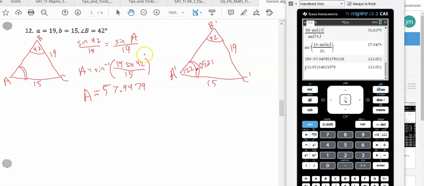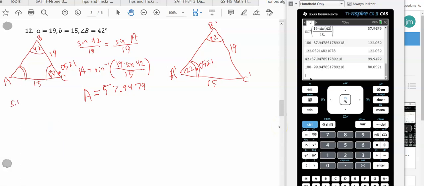So let's solve for this angle here. To do that, we're going to do 42 plus that 57 value, do 180 minus that. This one's going to be 80.0521. Okay, now we're just missing one side there, so let's solve that.